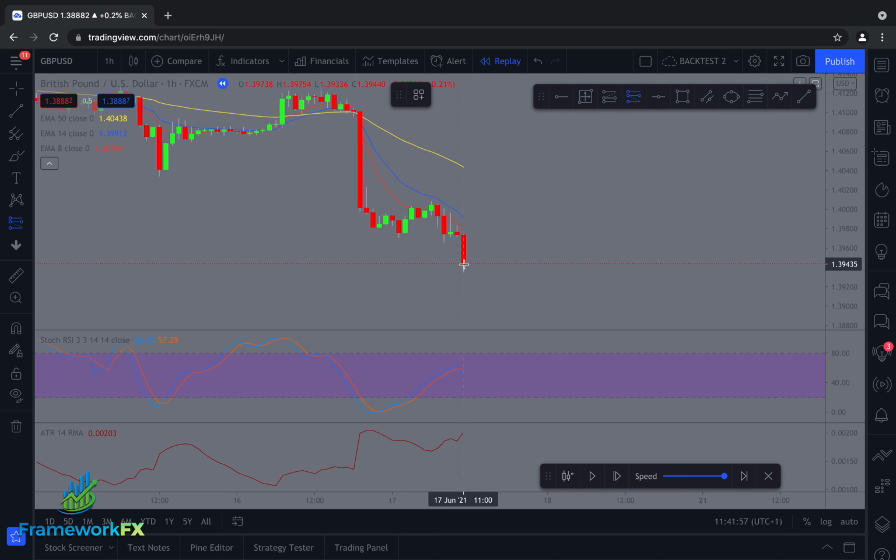Now, here are the rules for this. Once you get that, so we're below these three, we're looking to sell. Stock RSI has crossed from above to below, and then we're looking to enter. Now this is where the ATR comes in. We look at this candle, and as you can see in the bottom left, it's 20.3. With this strategy, Trade Pro uses a negative risk reward, which I've never done, and this is what sort of intrigued me to this strategy.